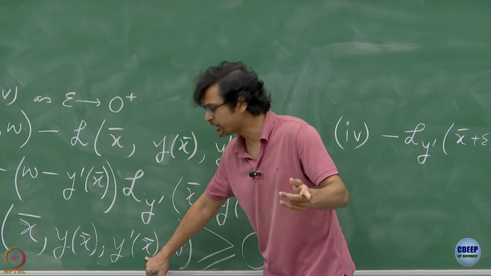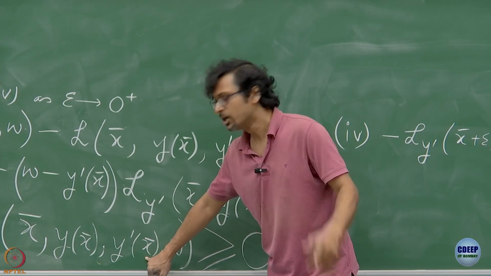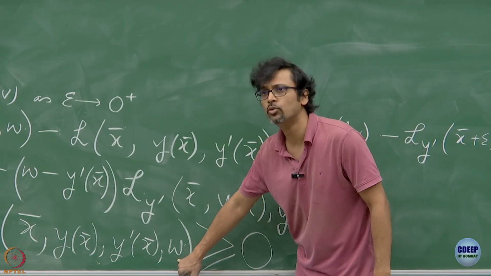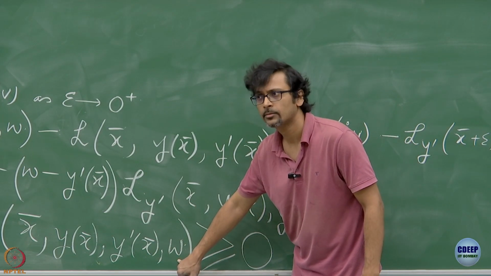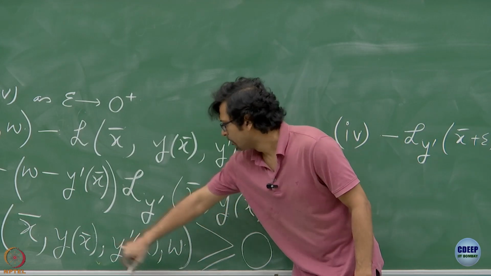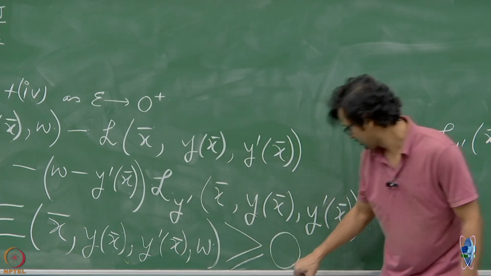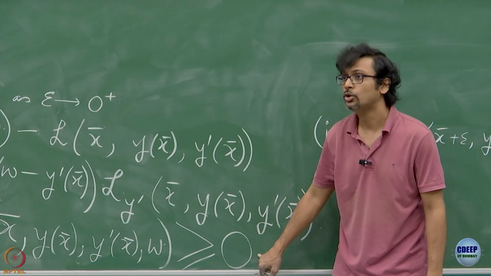What was the criteria on x bar? It was a non-corner point. So at any non-corner point, you choose any arbitrary real value w, and if you pass on the argument y prime here, then it must necessarily be non-negative.